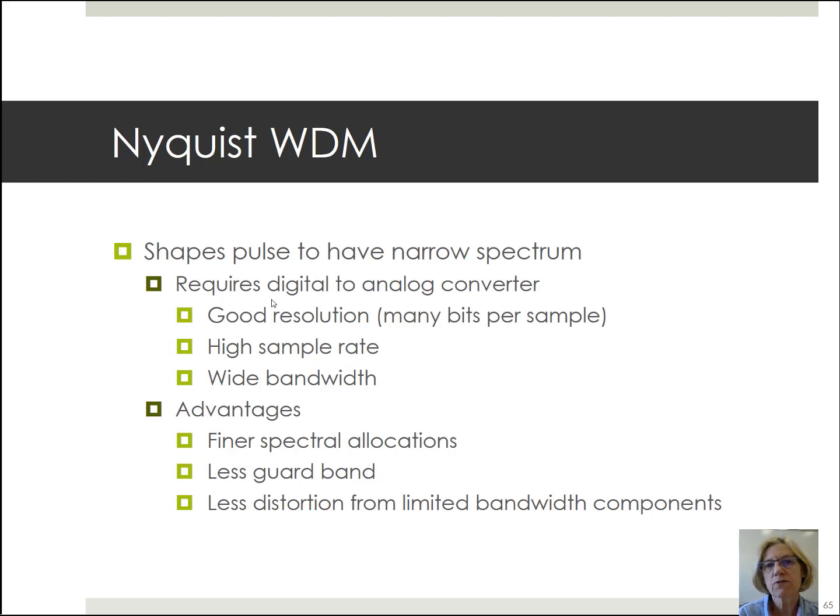And because we're forcing our pulses to be in the narrowest bandwidth possible, we actually are going to get less distortion from these other components. So there are some good factors that accrue, even at the physical layer, to this push for going for finer granularity and more flexible and elastic optical networks.